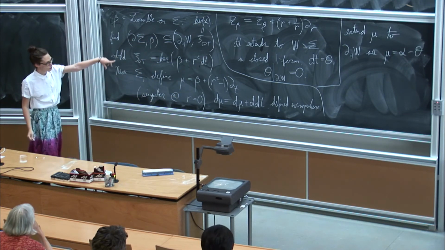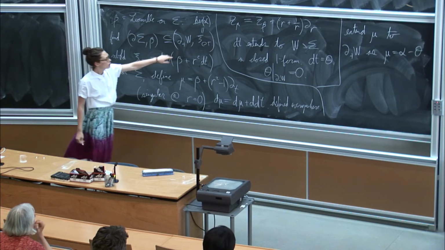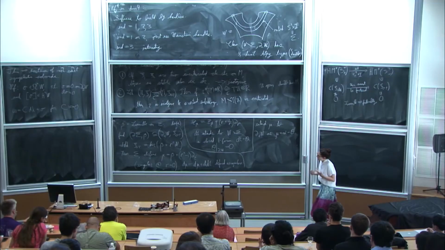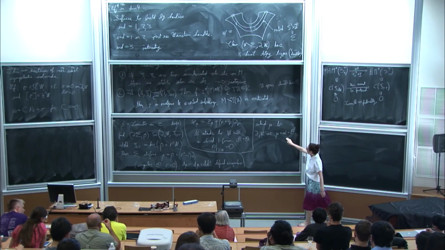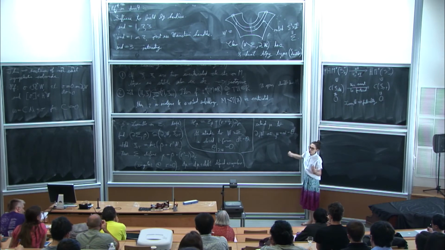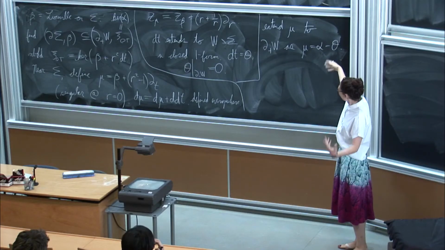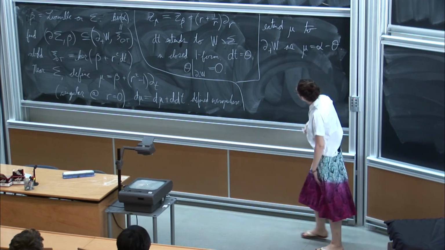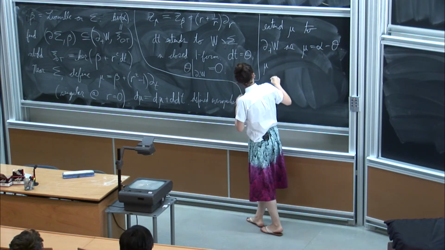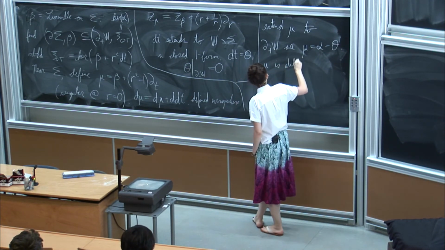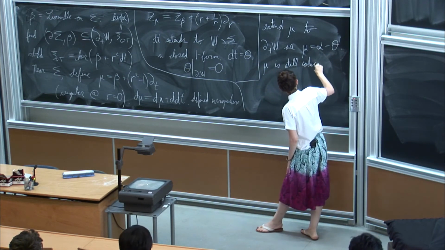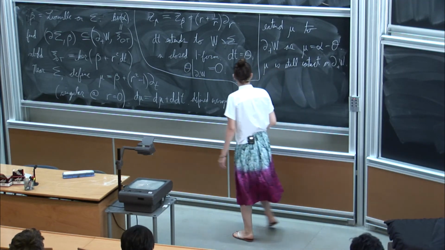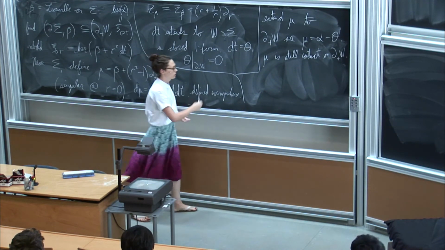Alpha is my contact form on the original overtwisted manifold. Furthermore, because I can choose alpha to be large, I mean, we're constantly using this argument of making things large to keep the contact condition, I can say that mu is still contact on this positive boundary.